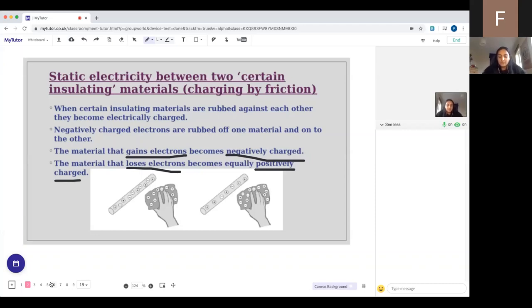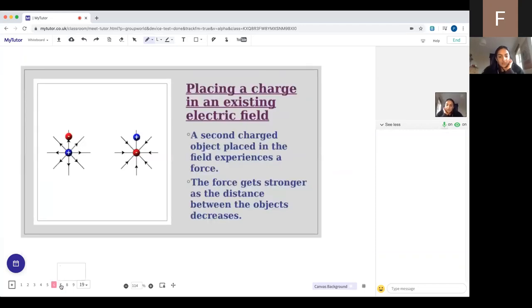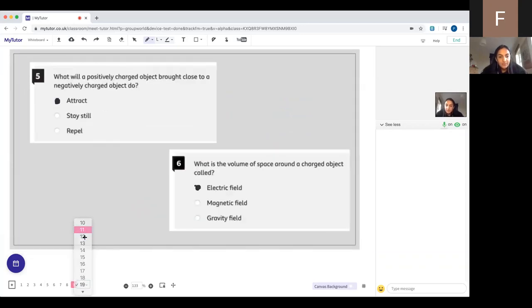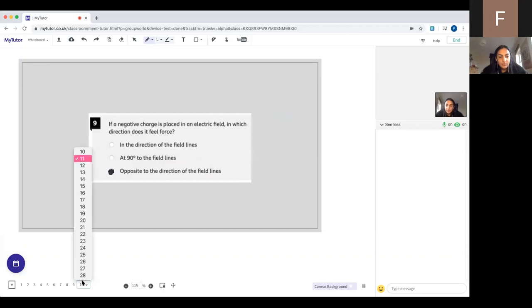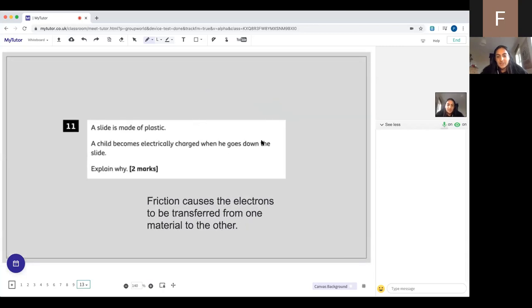Cool. And the question with the child and the slide, we said the child was electrically charged, so is the slide also electrically charged? So the slide, I don't actually remember the question, I'll have to get it up again. Okay, so here the child becomes electrically charged when he goes down the slide.